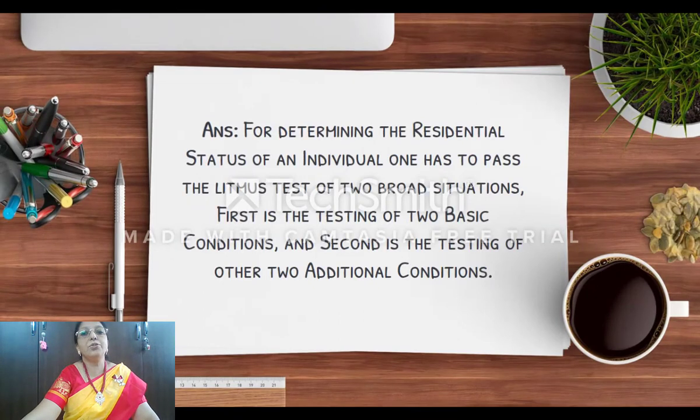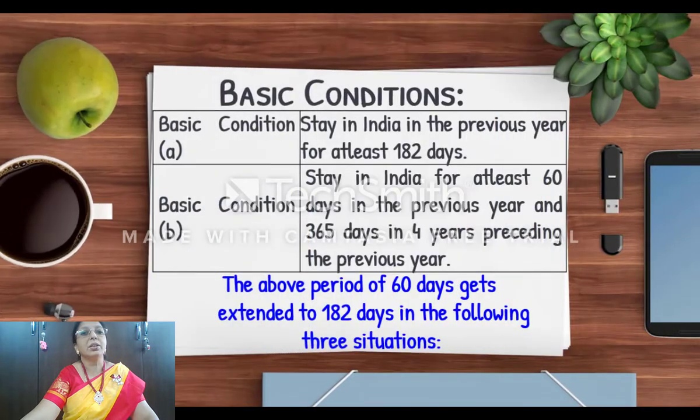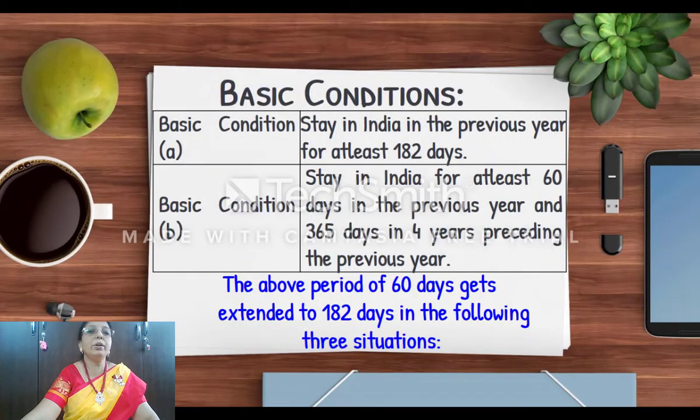For determining the residential status, as I already told, the two tests, two basic conditions we are checking. If one is fulfilled also, he is a resident. Then we move on to the two additional conditions. So before going on to the additional conditions, the basic conditions again I repeat: stay in India in the previous year for at least 182 days. Stay in India for at least 60 days in the previous year and 365 days in 4 years prior to the previous year.